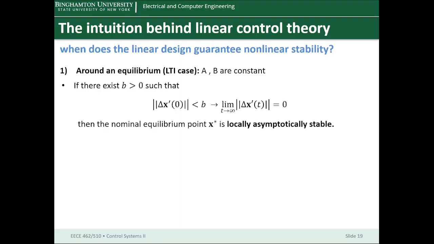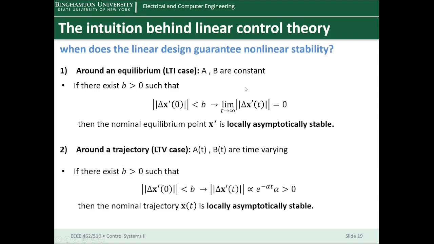We can be confident that within some neighborhood of the equilibrium point, the linear system will also be stable. So the controller can regulate the state to the equilibrium point.